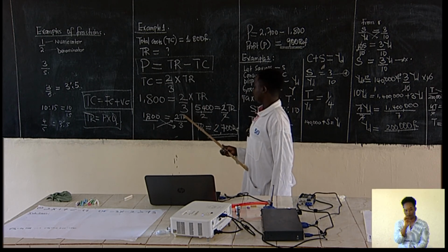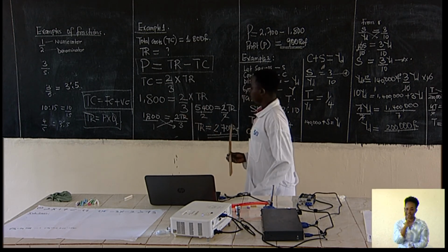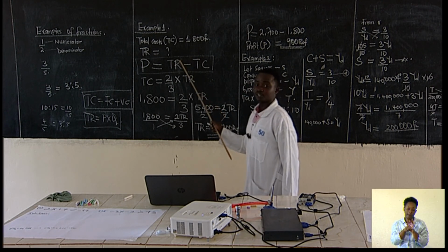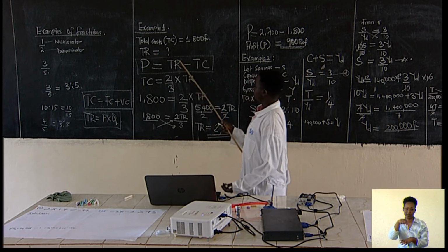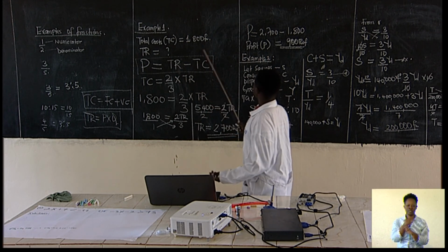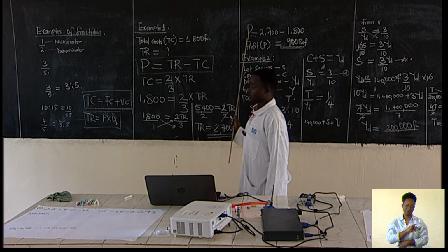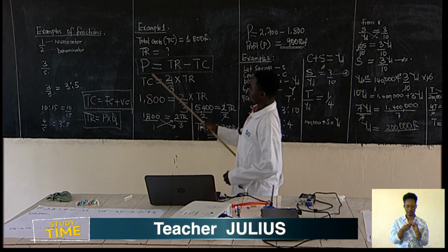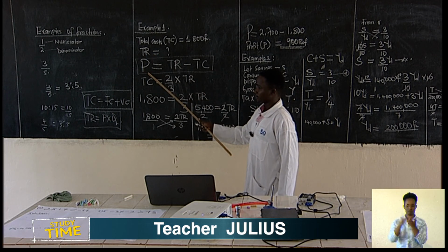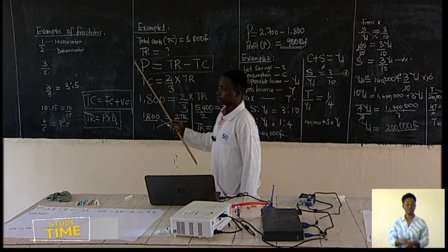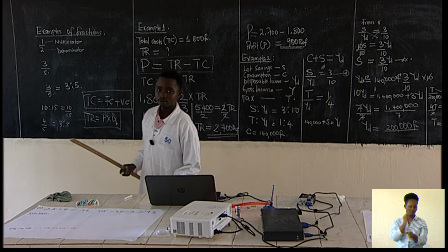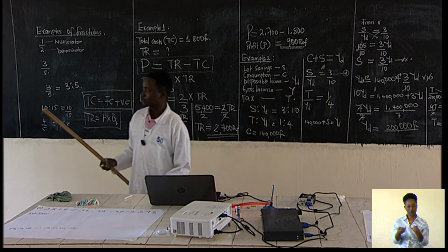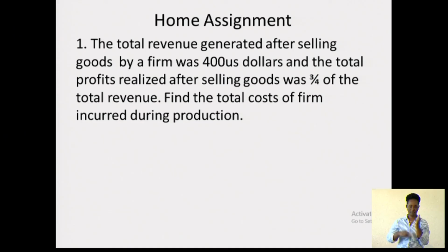After solving for total revenue, we substituted back into the profit equation and were able to get the profit that they had asked for, because we had two variables already. So as you work on that, make sure you try it out and go through again what we have talked about, so that it becomes easy for you to work it out without difficulties.